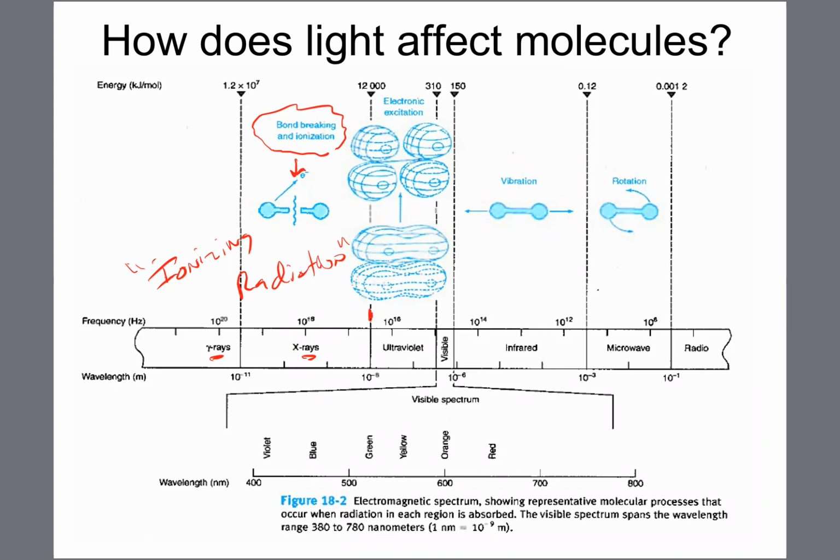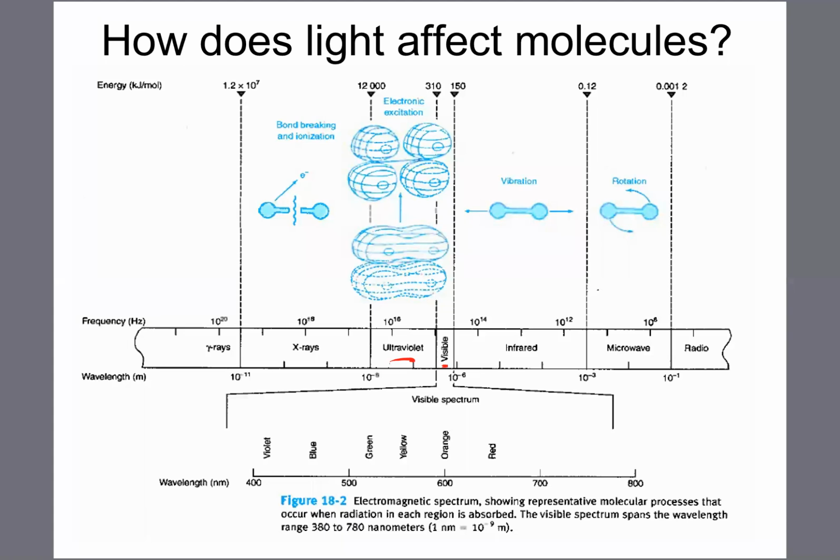And oftentimes they have little badges that track their exposure, because we don't want to be near this ionizing radiation because it's so energetic, it'll break bonds. That could cause all sorts of genetic problems, right? We don't want that.